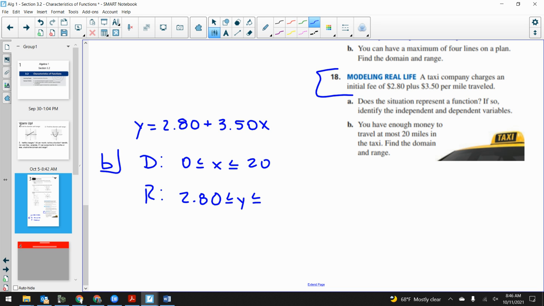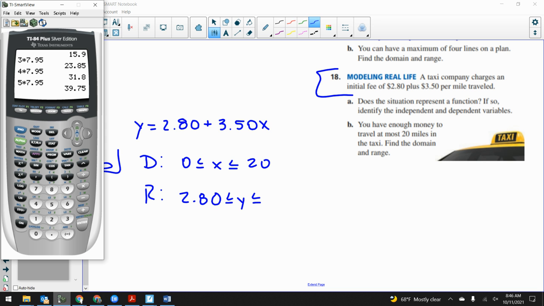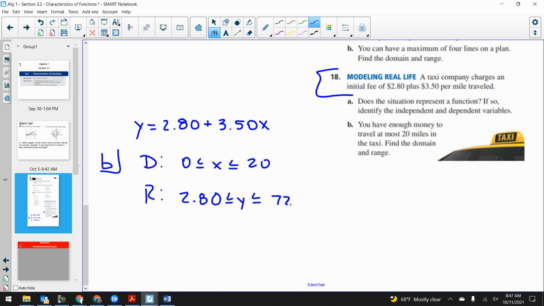But then $3.50 per mile. Okay, if I only go up to 20 miles, I got to figure out what the 20 is. 2.8 plus 3.5 times 20. That biggest charge I could have, $72.80. Does that make sense? So I didn't need a picture. I needed an equation.